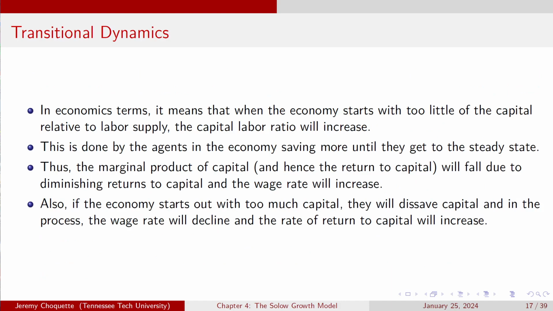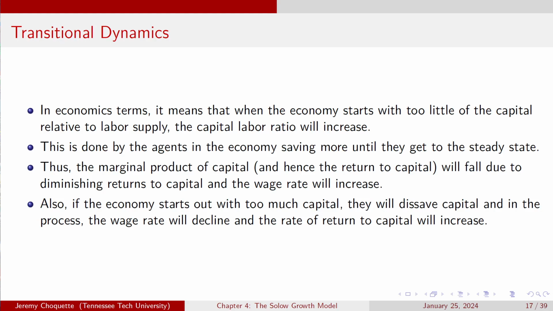So let's say, in economics terms, if the economy starts out with too little capital relative to its labor supply, that capital-labor ratio is going to be increasing. This happens because households, people in the economy, are going to save more until they get to the steady state. So the marginal product of capital, hence the return to capital, is going to be falling due to diminishing marginal returns to capital, and you're going to see an increase in the wage rate.